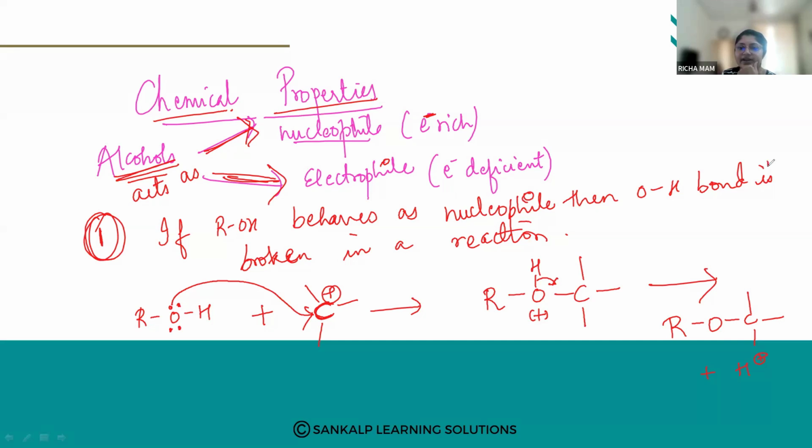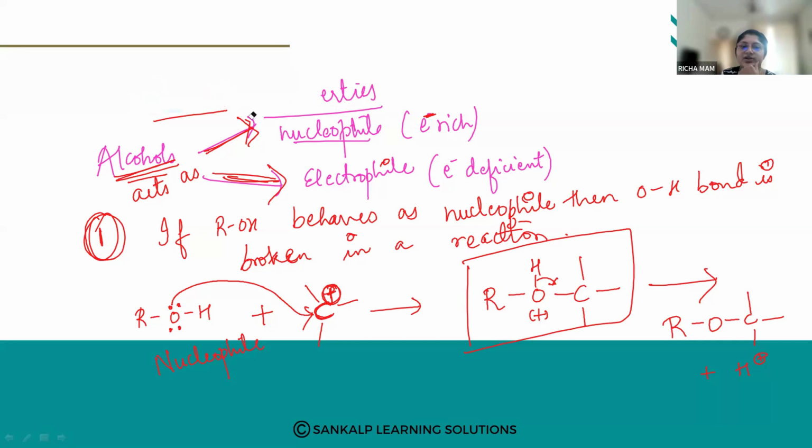If alcohol is behaving like a nucleophile, then the O-H bond is broken in the reaction. Here the oxygen is electron rich, so the rich species attacks the electron deficient species, and the product is formed. This is the case when alcohols act as a nucleophile. This way the reaction takes place.